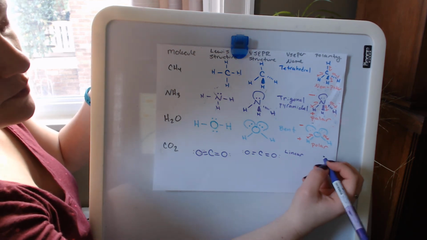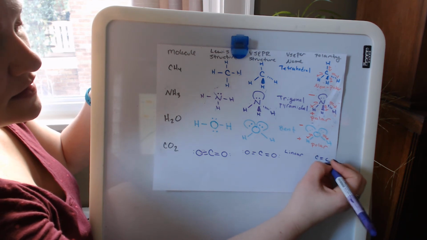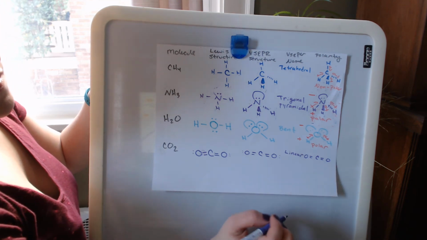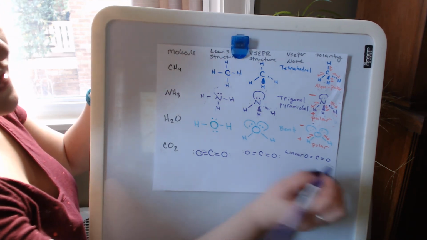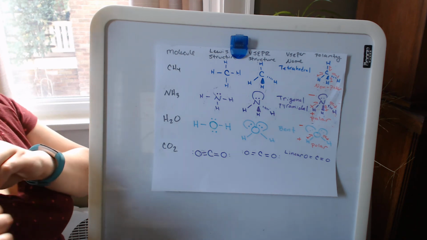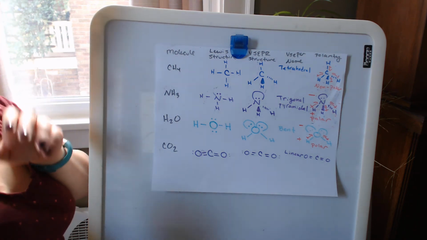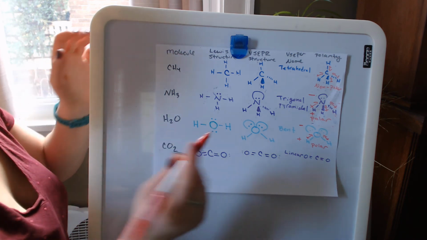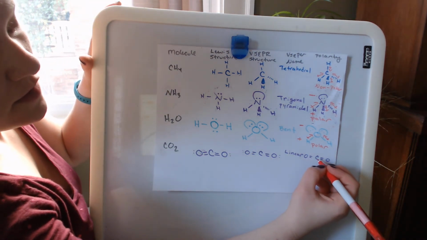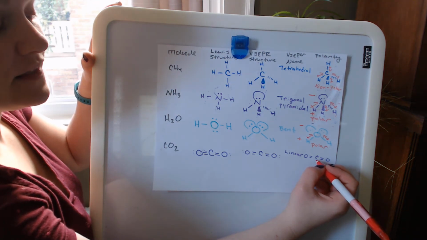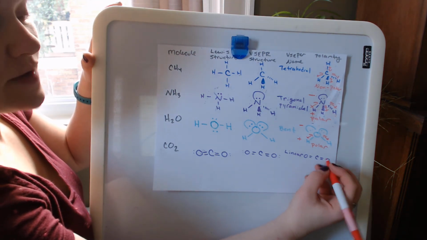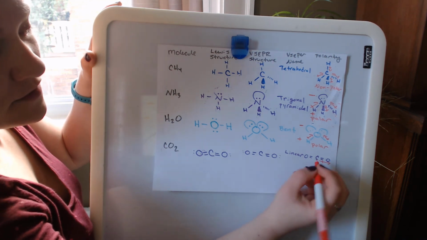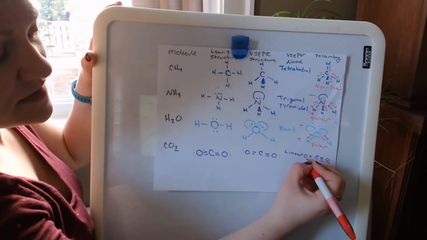All right, and then for polarity, we look at carbon and we look at oxygen on the periodic table. Carbon is slightly left, oxygen is further right, so that tells us that oxygen is more electronegative, so we point our arrow across the bond towards the one that is more electronegative.